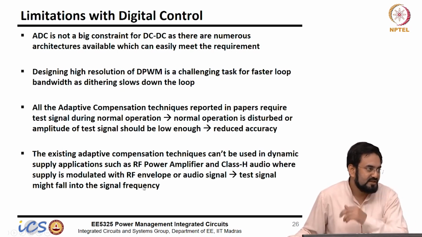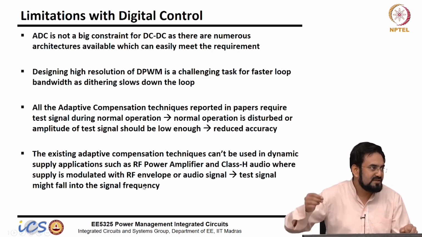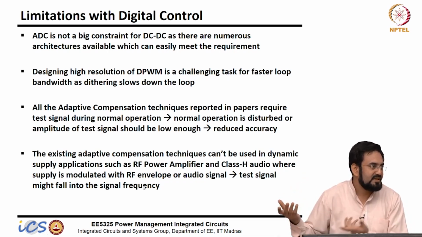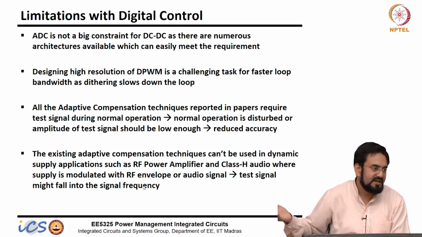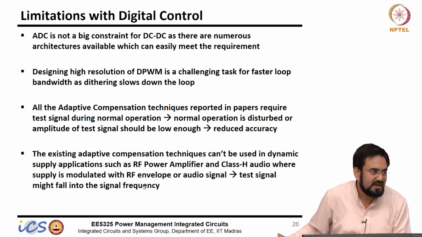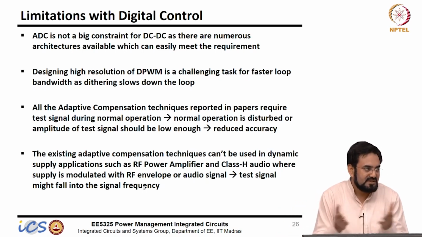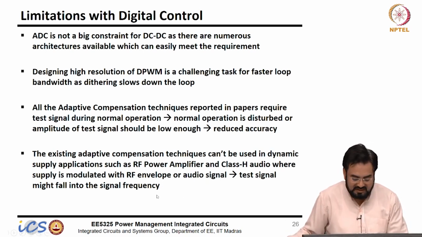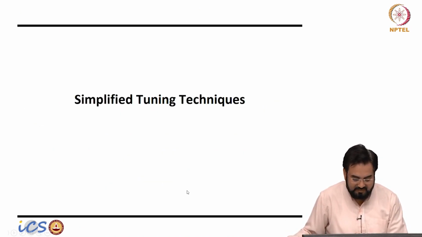Most of them, couple of them, are using test signal, which obviously should be more than the output ripple. If it's less than the output ripple, then you cannot detect it. So you are introducing more noise in the output, and if it falls within your signal range, then it will corrupt everything. So you cannot use it.